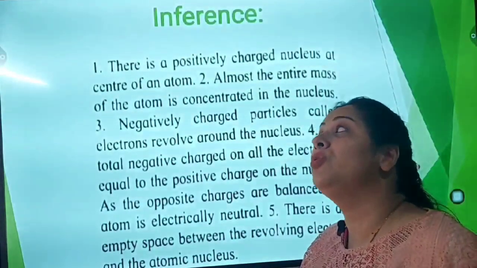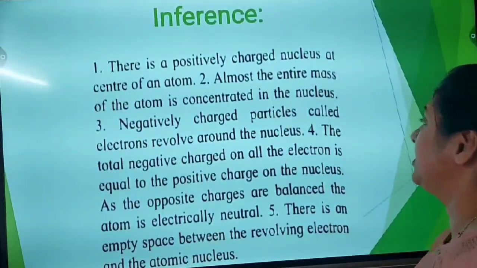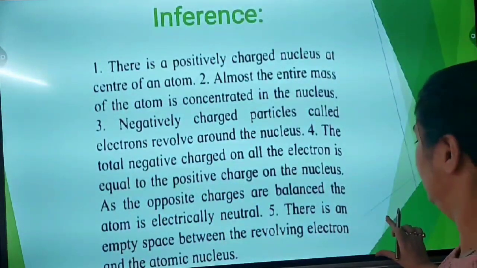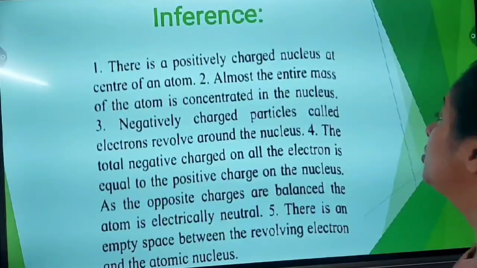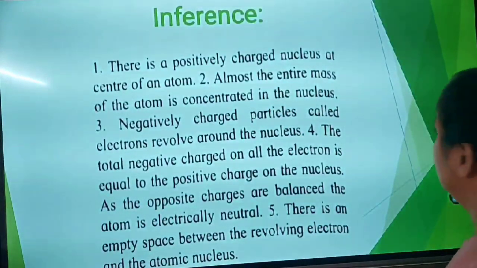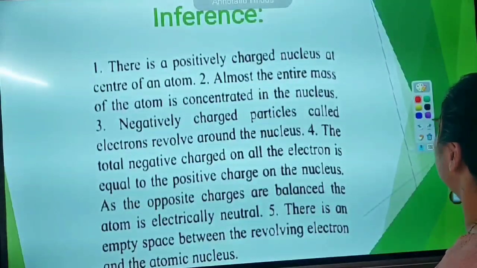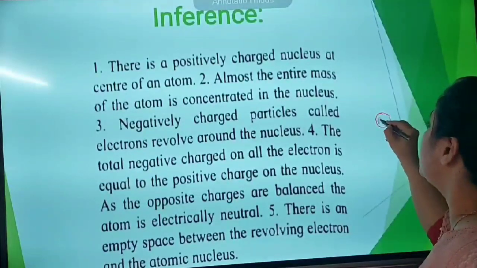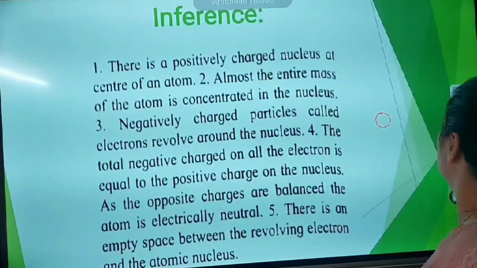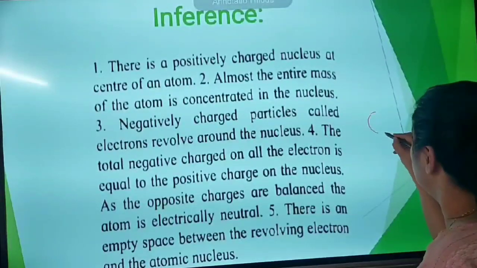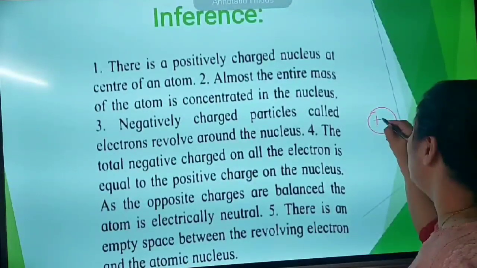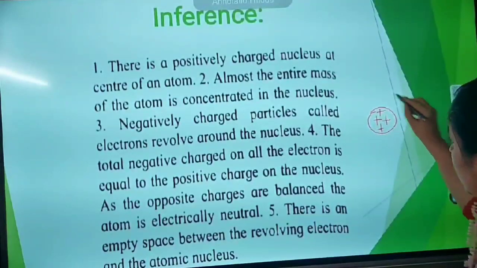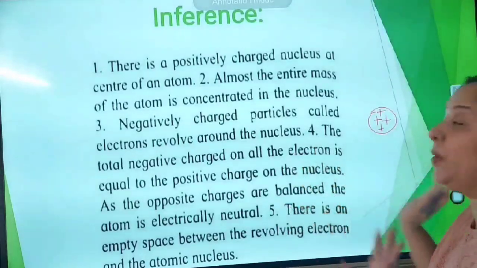Chalo. With this, let's draw what he's trying to tell us. So, as per what these statements are, there is a nucleus which is positively charged. Outside this is empty space.